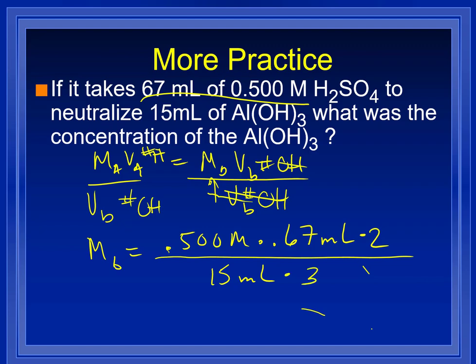The 2 and the 3 are counted numbers, so they have unlimited sig figs. So 0.5 times 67 times 2 divided by 15 divided by 3 equals 1.5. I only have 2 sig figs in my 67 and my 15. So 1.5 molar, because that's the only unit I have left.